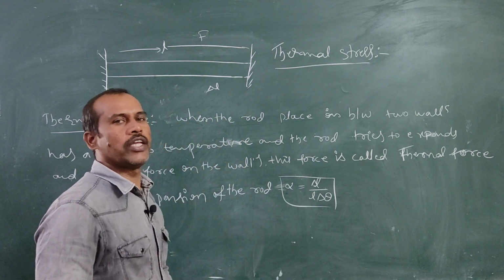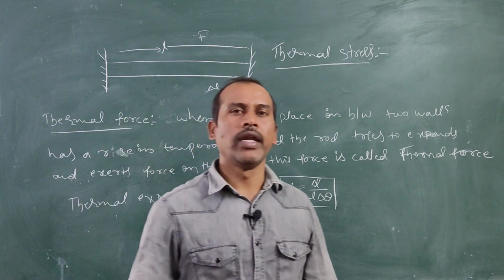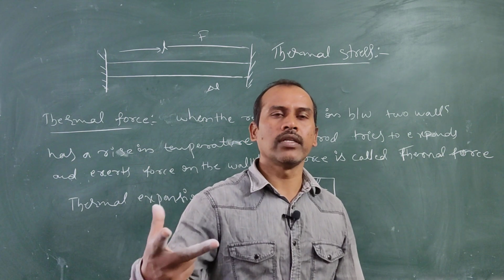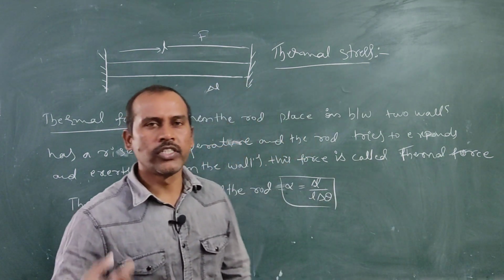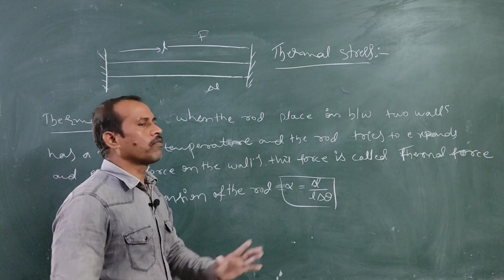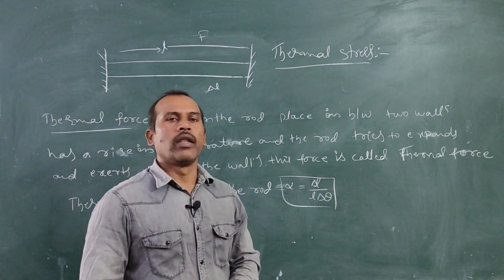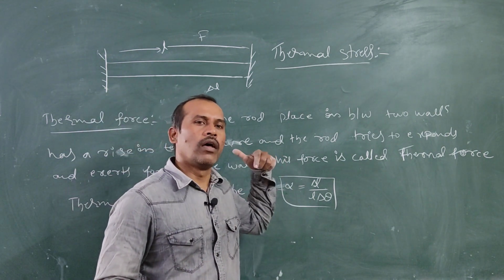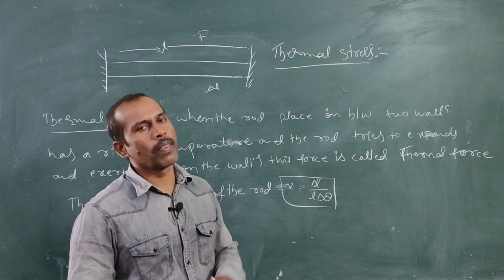Here delta theta means change in temperature, delta L means change in length, L means initial length of the rod, and alpha means the coefficient of linear expansion.